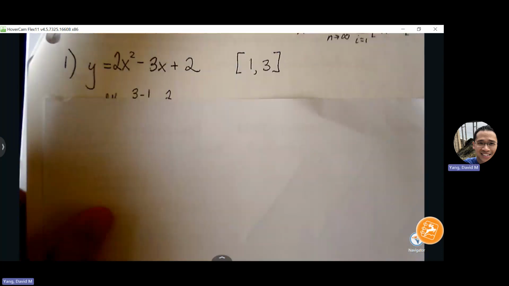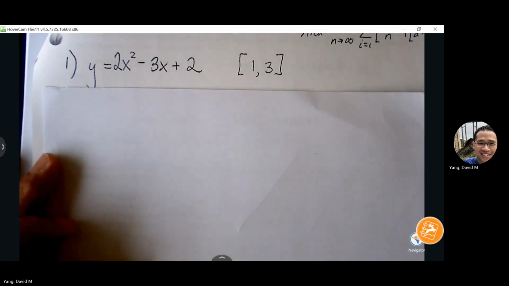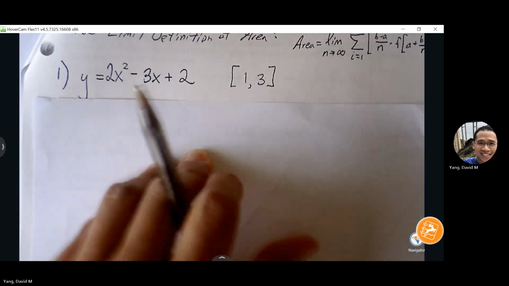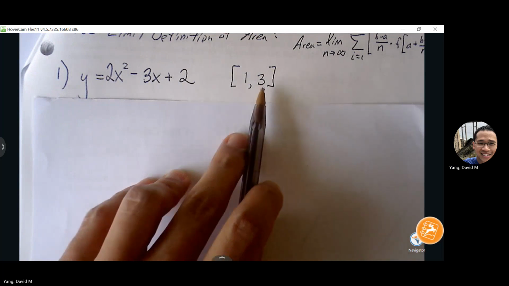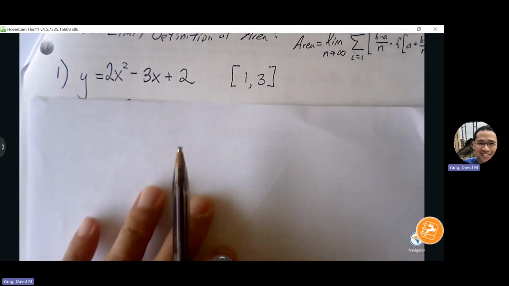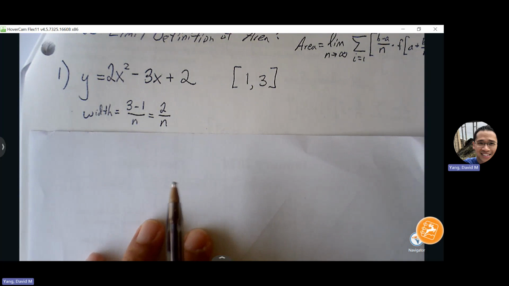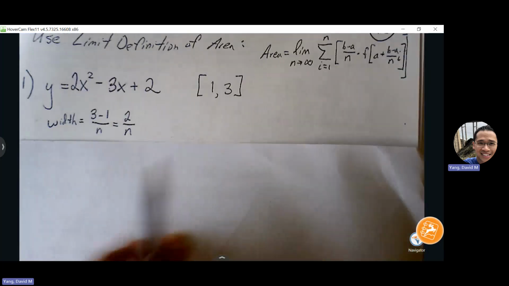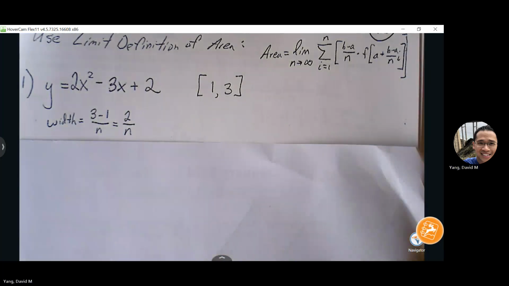We start off by building our width. What's our width going to be? Yeah, 2 over n, b minus a over n. I'm not going to replace n with a number. I want that n to have the flexibility to be pushed out to infinity.